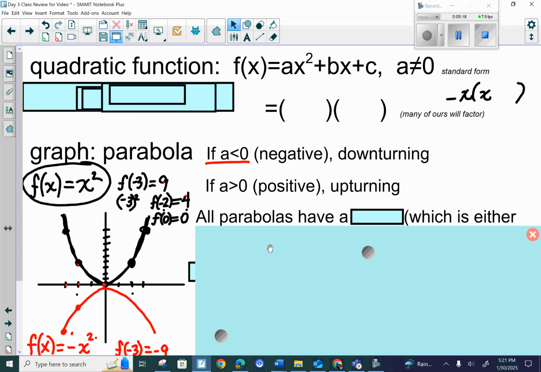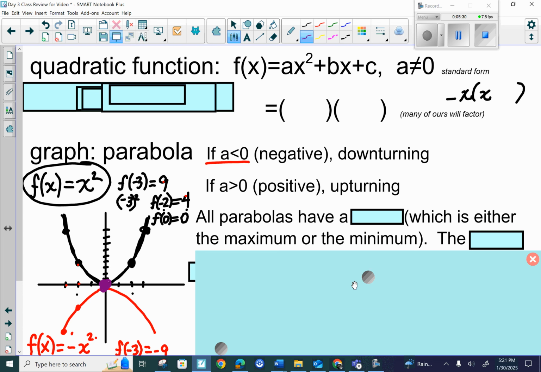All parabolas have this point right here, that point right there. All of them have that point, and that point either is at a maximum or a minimum. If the parabola is downturning, like that red one is, that would have a max.